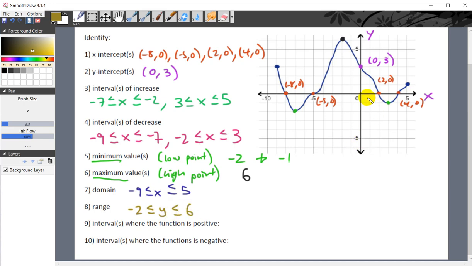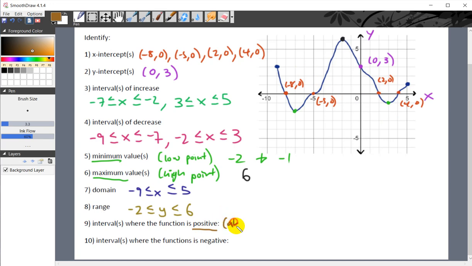Okay, intervals where the function is positive. All right, so I'm going to help you guys out with this one. I know in class I kind of shaded it a certain way. I started modifying a little bit in other classes, and I think it did help a little bit that I showed it this way instead. So if you're in my period 1, period 2, or period 5, I apologize for not showing this earlier. But intervals where the function is positive, okay?